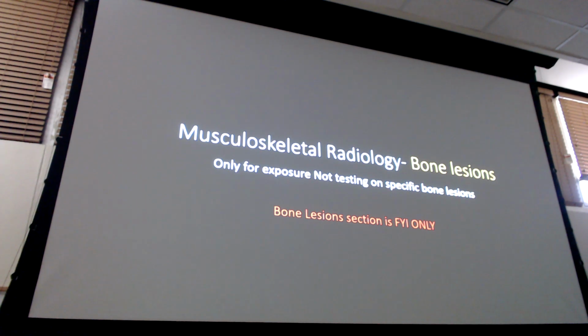Which ones need further testing and which ones you can say, you're going to be fine, it's not a big deal. But these are not necessarily easy to always pick out on just an image, so we're going to cover them just so you have examples of them. FYI, which means we'll breeze through it here fairly quickly because I'm not testing you on it, and I want to expose you to it.